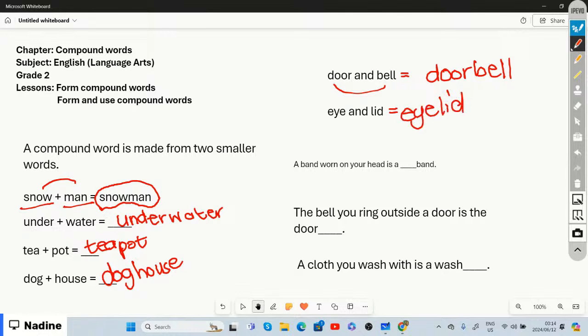Yes, well done. But write it as one word. Airplane can also work, where we say it is air plus plane. So that can also work. Well done. Air plus plane, and we can say that that is an airplane.